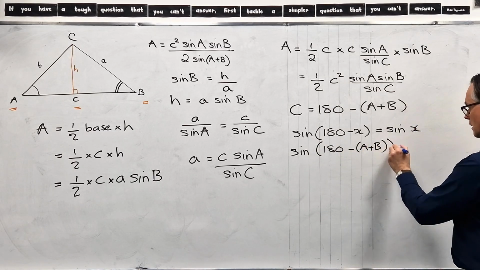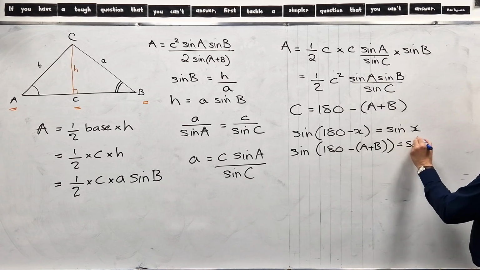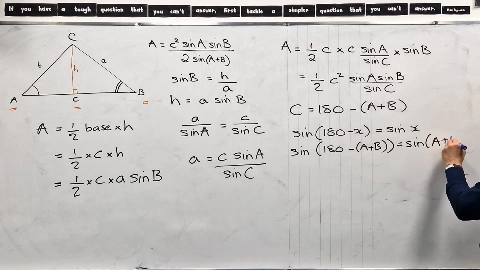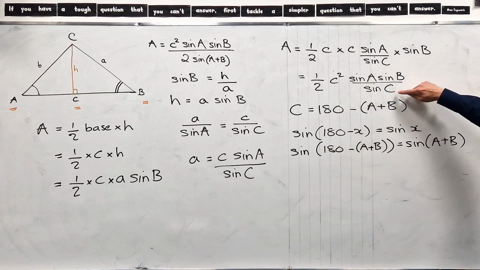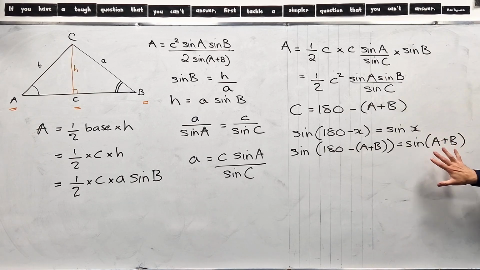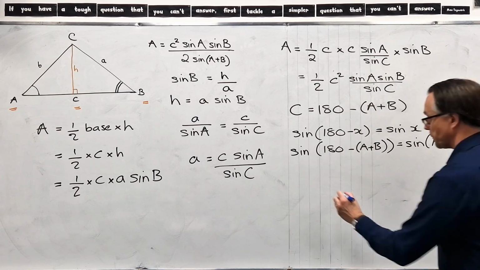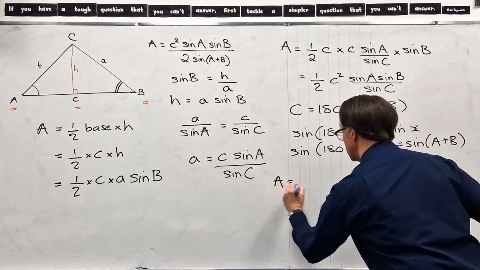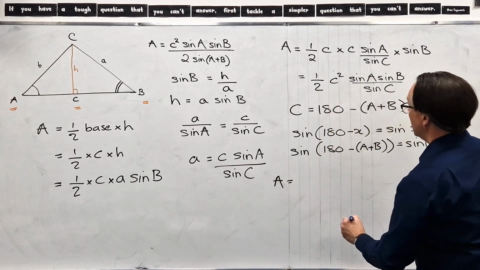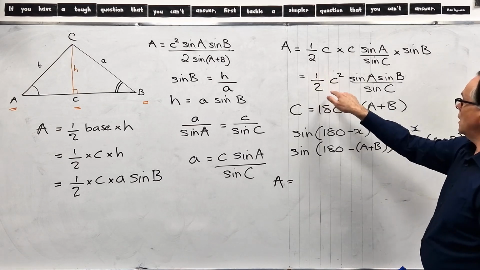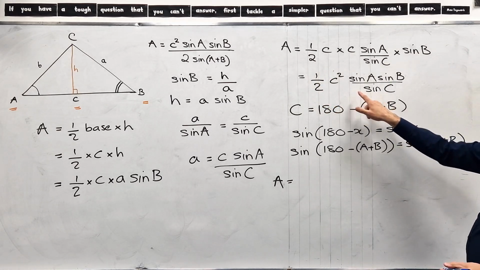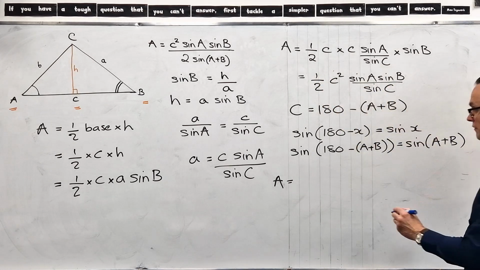So sine of C, which is sine of 180 minus (A plus B), is just equal to the sine of (A plus B). So we can swap sine C here for sine of (A plus B). So we've got that the area equals a half. Well, what I'll do is I'll bring that 2 down to the bottom, just multiply it into the fraction.